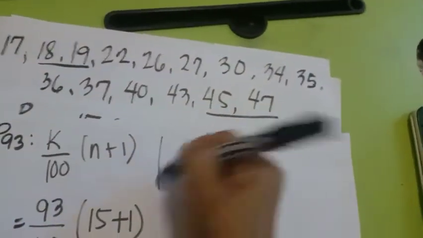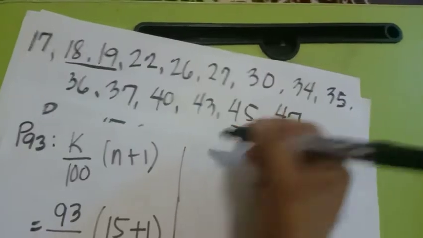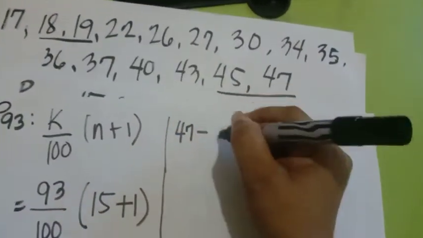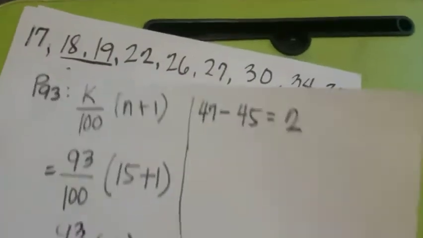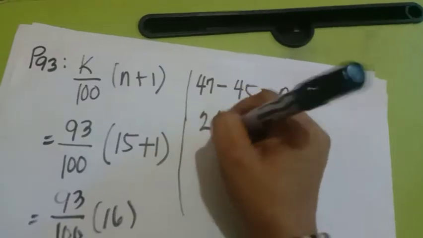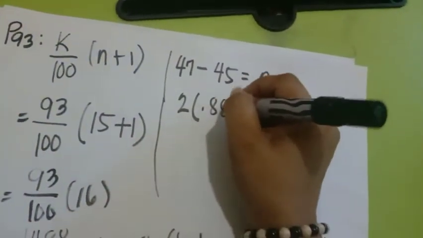The 14th and 15th data is 45 and 47. So, this will be 47 minus 45 and that is equal to 2. Then, yung 2, saan i-multiply? Multiply it to the decimal, which is 0.88.